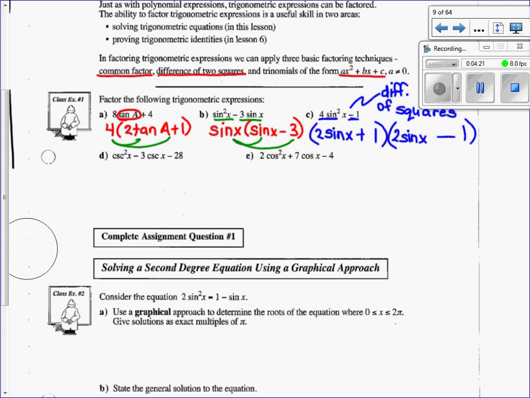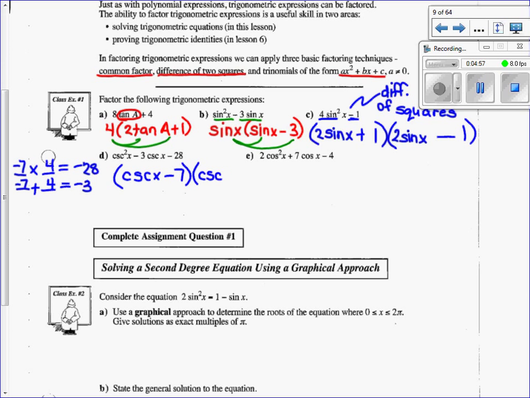Don't let the fact that there's a cosecant in there distract you. Negative 7 and positive 4 work, because negative 7 plus positive 4 gives you negative 3. So this factors to cosecant x minus 7 times cosecant x plus 4.